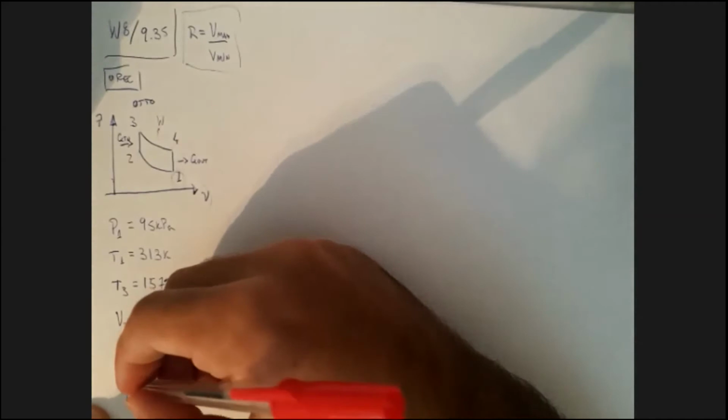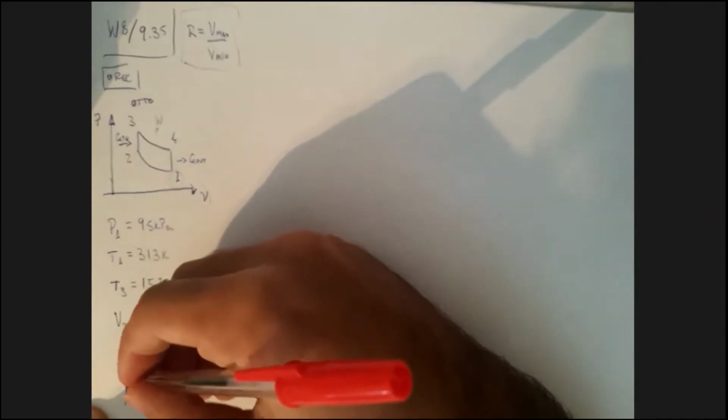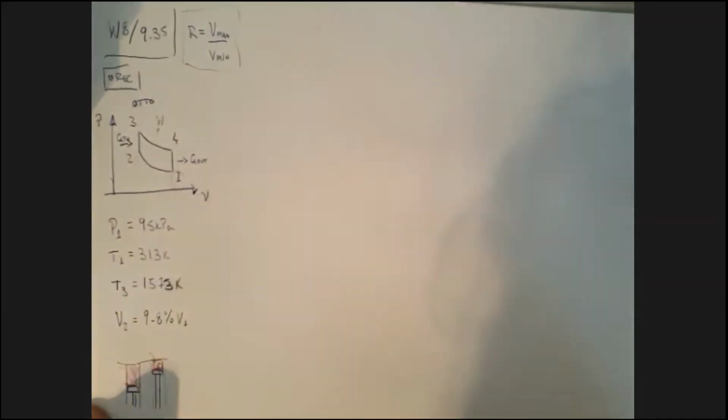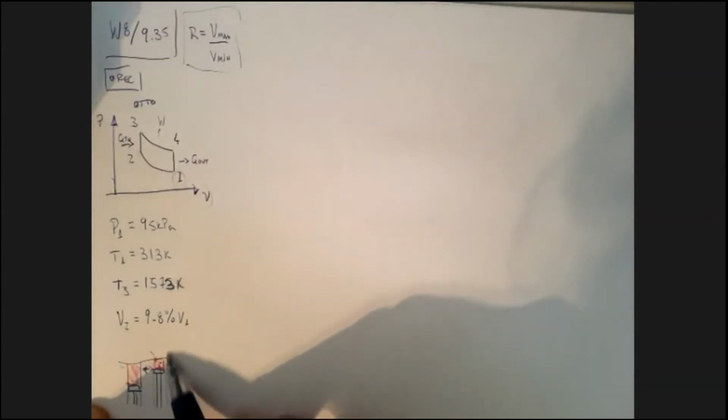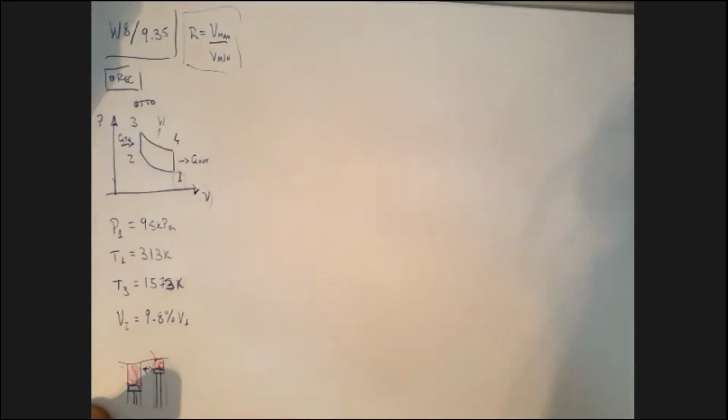When this air explodes due to the combustion of the fuel we put in, the piston goes all the way down here. So this has a different volume. The maximum enclosed volume we can calculate, but the difference is that this one is 9.8% of this one. This is the minimum volume, this is the maximum volume.